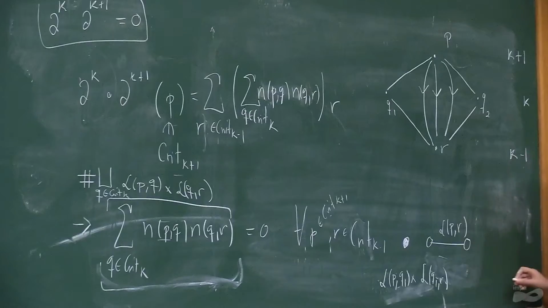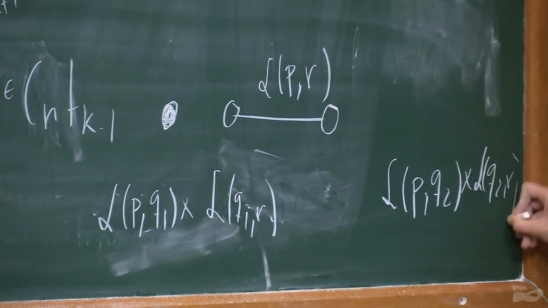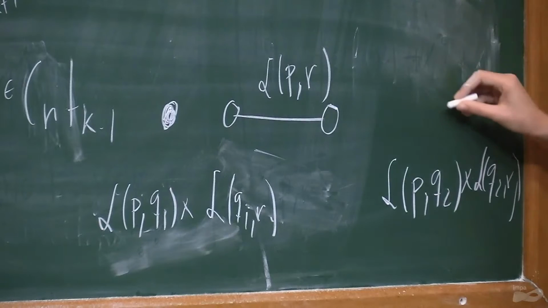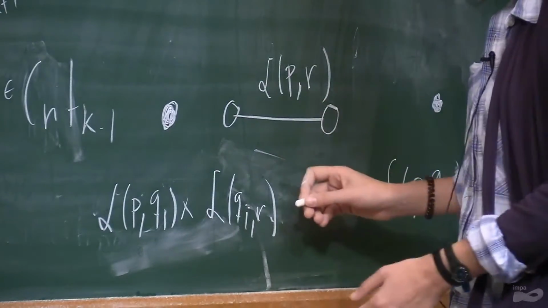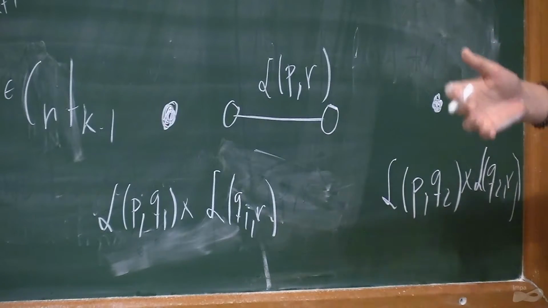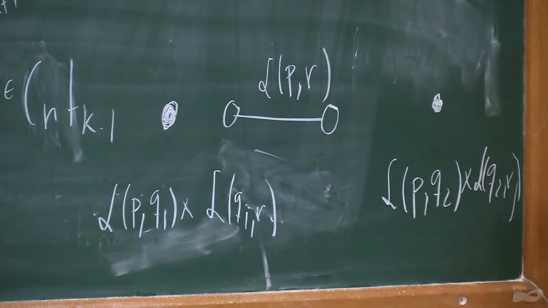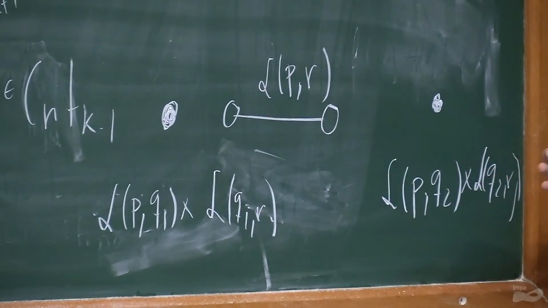And for Q2, I'll have L of P Q2 times L of Q2R, which is also zero-dimensional, and I'll denote it here by this point. The thing is, we can consider the union of these three things and endow this union with a suitable topology so that I can think of this union as just a closed interval.